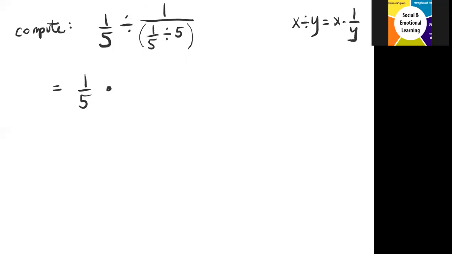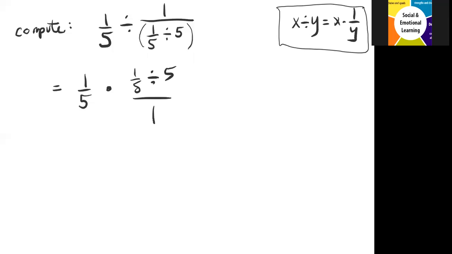We just have to flip it. The reciprocal is just flipping. So the reciprocal is going to be 1/5 divided by 5 over 1. That's all that happened. Just like we flipped the y upside down, when we changed the division to multiplication, we flipped the second term.